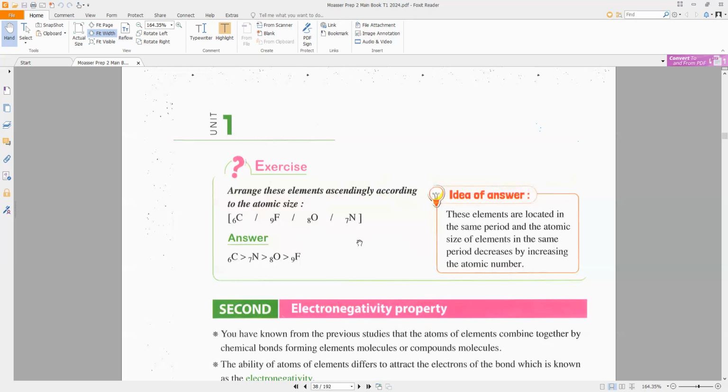So when we order the atomic size ascending from the smallest, fluorine has the smallest, oxygen is bigger, nitrogen is bigger still, and carbon is the biggest in this arrangement. So ascending in atomic size, we start from the biggest atomic number, fluorine, which has the smallest size, then oxygen, then nitrogen.